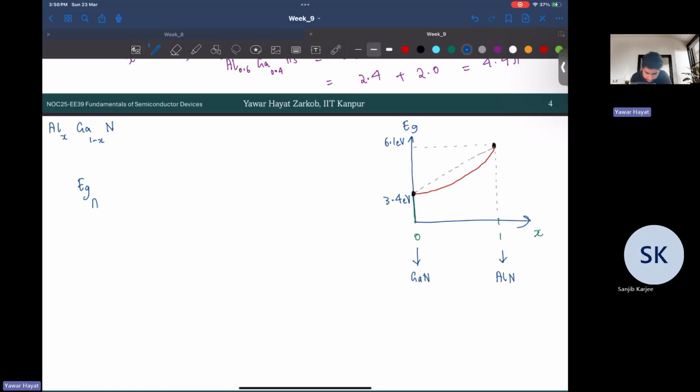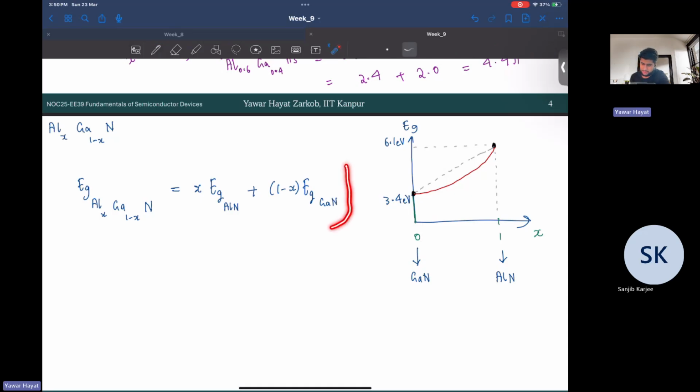So the band gap of aluminium gallium nitride is equal to X times Eg of aluminium nitride plus 1 minus X times Eg of gallium nitride.